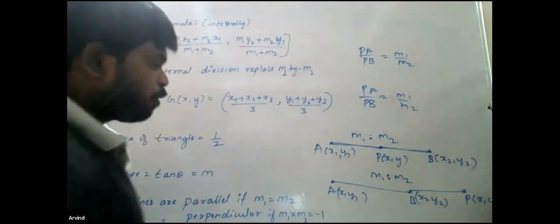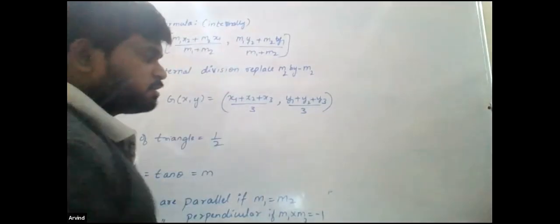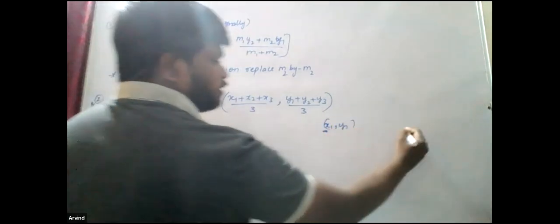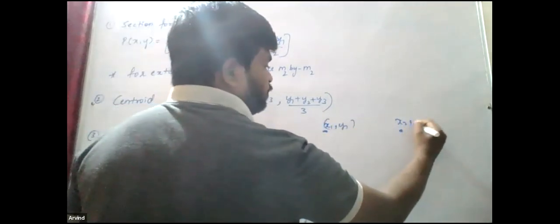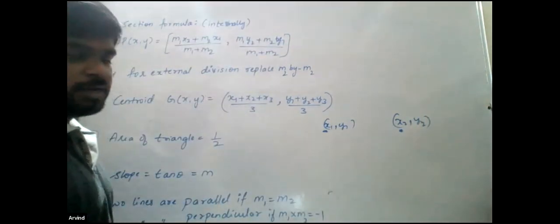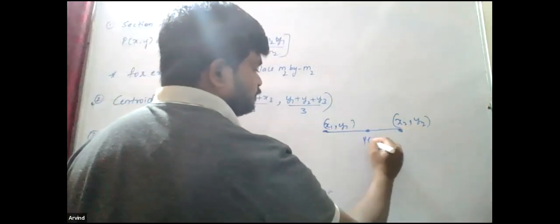Next one is the midpoint formula, which I have not included, which is very, very easy. All these are 10th standard concepts. Suppose there are 2 points x1, y1 and x2, y2. I want to find the midpoint of it.